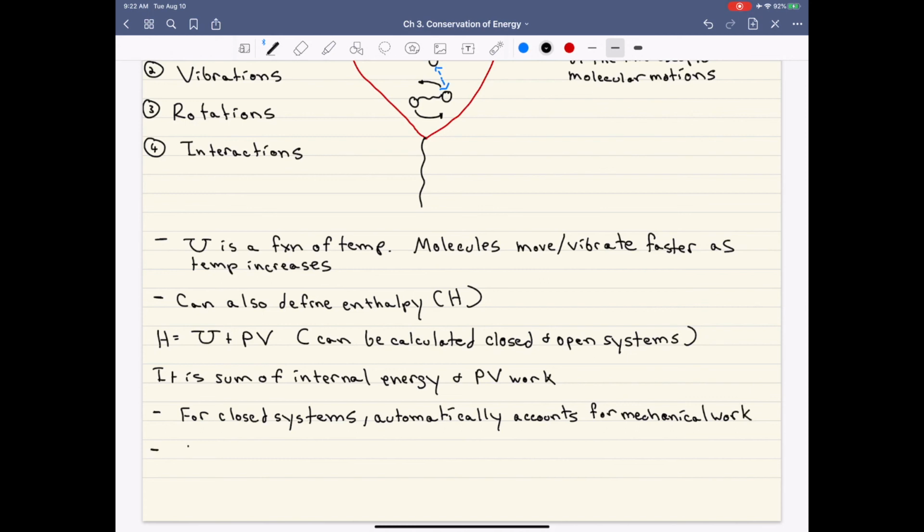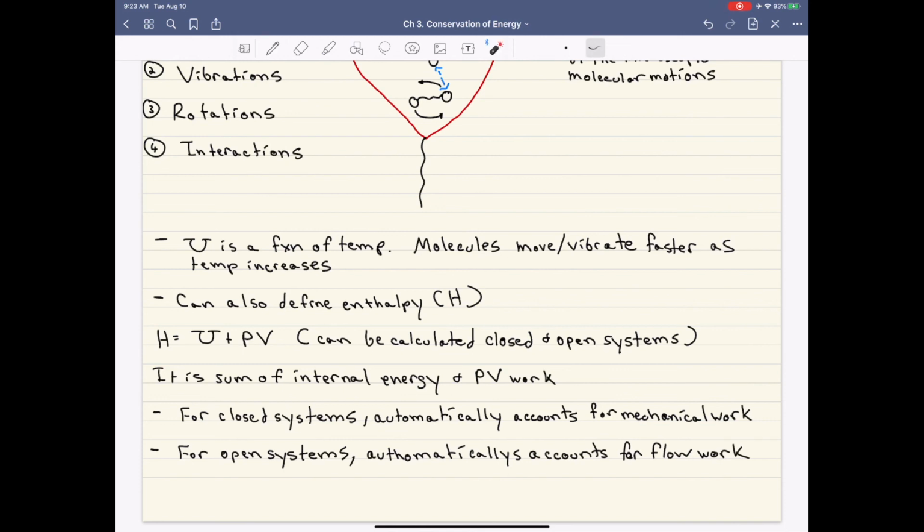And if we're dealing with open systems, if we calculate the enthalpy, that automatically accounts for flow work in our energy balance. So essentially, by using enthalpy rather than directly internal energy, it helps simplify our energy balance analysis.